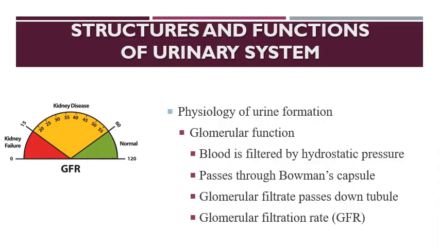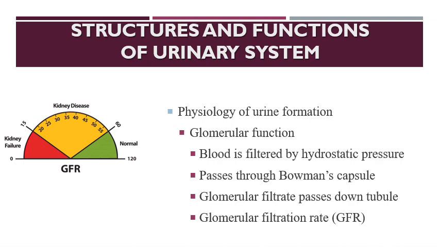So the urinary system, the anatomy of it is actually quite cut and dry. You have the kidneys, you have the ureters, and you have the bladder. When it talks about the urine formation that starts in the kidneys, there is a lab called the GFR, the glomerular filtration rate.